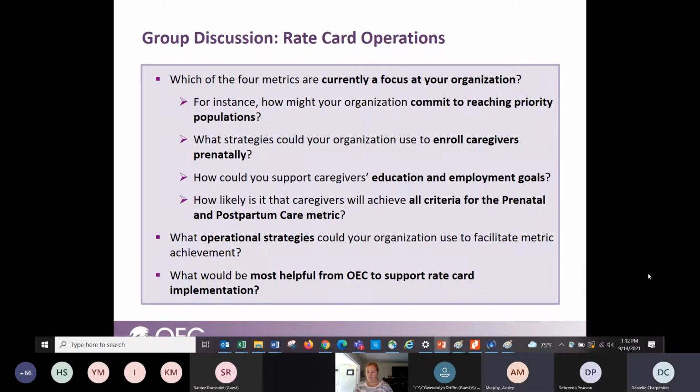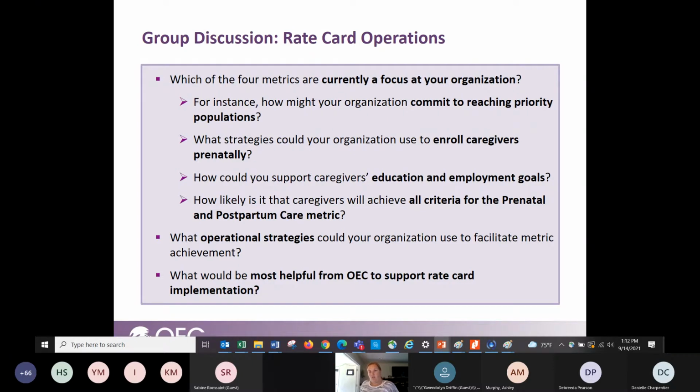So if anyone wants to offer up any ideas, I'm curious how some of these metrics land. Which one might be a challenge, for example, versus more squarely within your model. There's one comment in the chat, Danielle, that says all 4 are their focus. And there's another one that says NFP can only enroll prenatally.